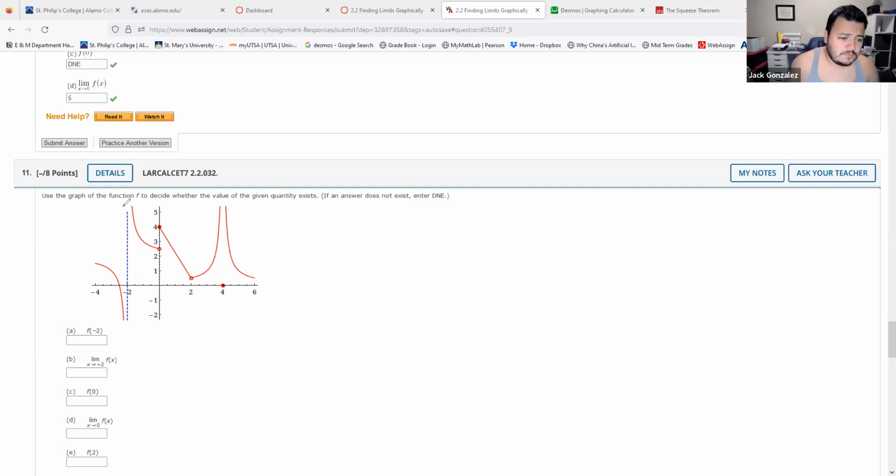As we approach 0 from the left and from the right, they're not the same, right? So part D, it's going to be D and E again, yeah.